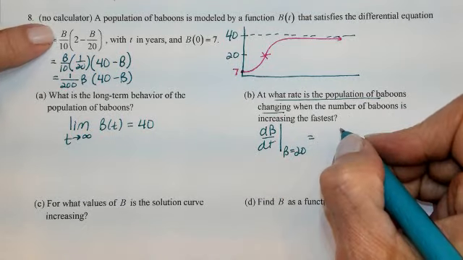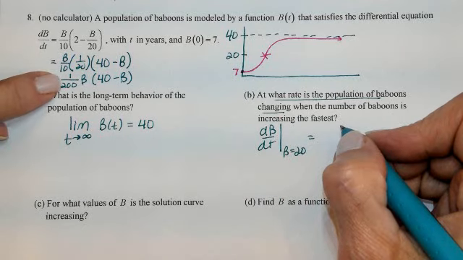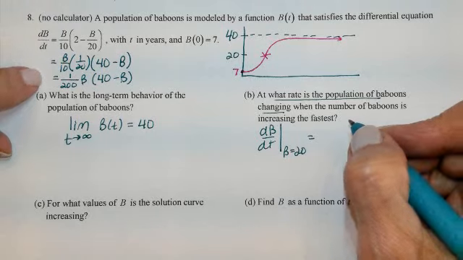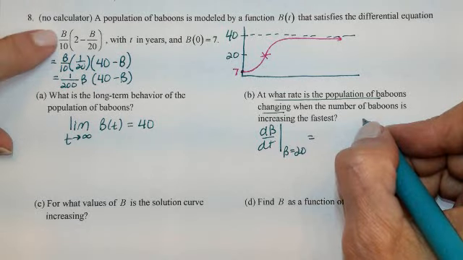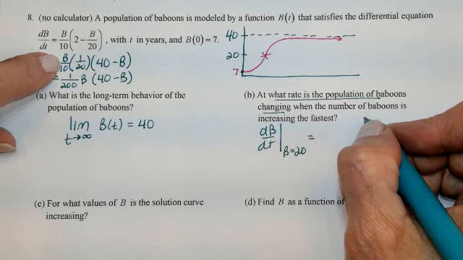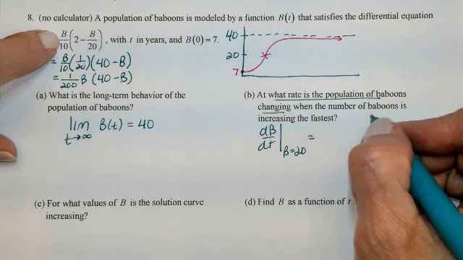Now, I can go into this equation, or this equation, or even this equation. Either one. They're all good. Pick the one that you want to go into, okay? I think I'm going to go into this equation.